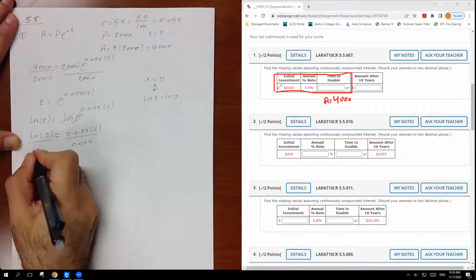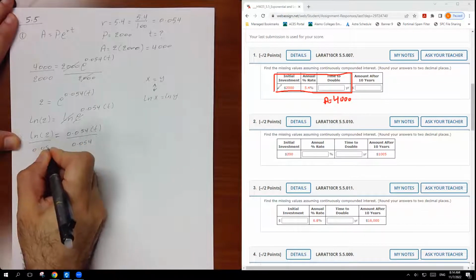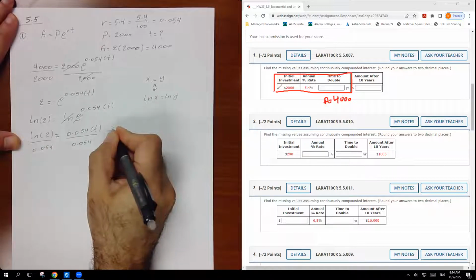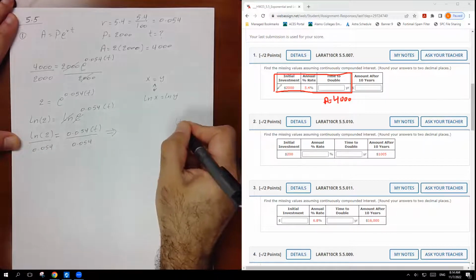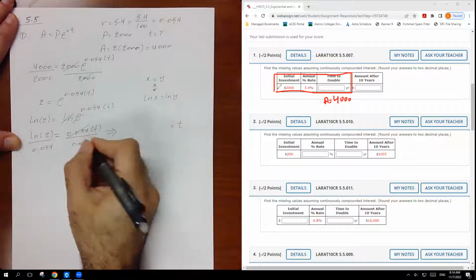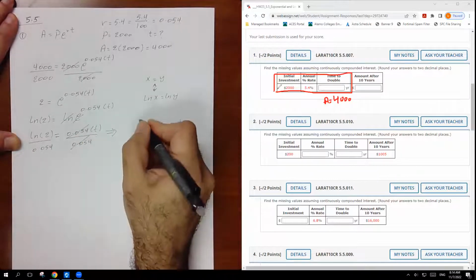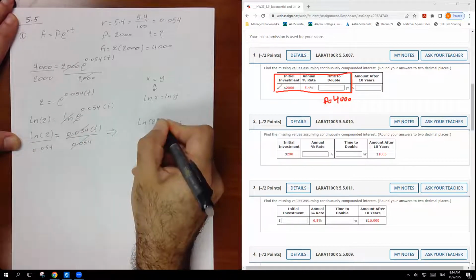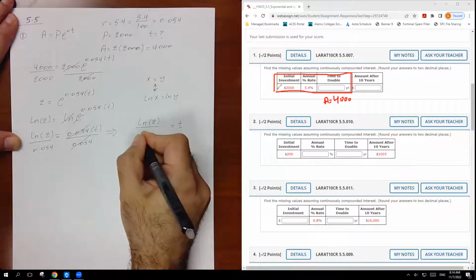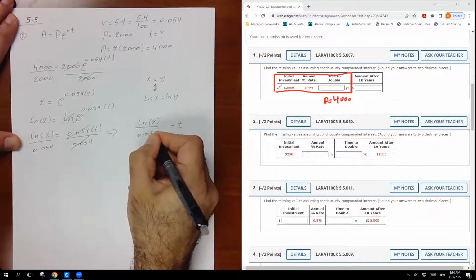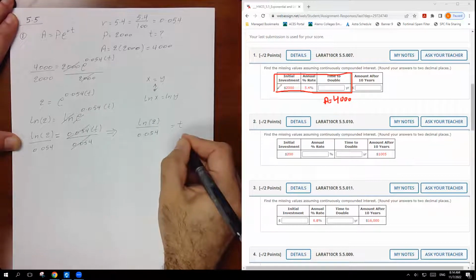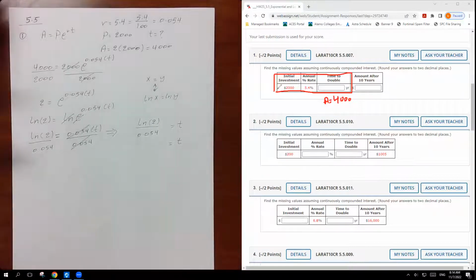That means t is going to be equal, because you're going to cancel these, ln 2 divided by 0.054.